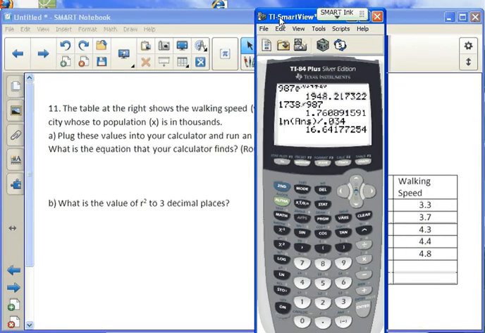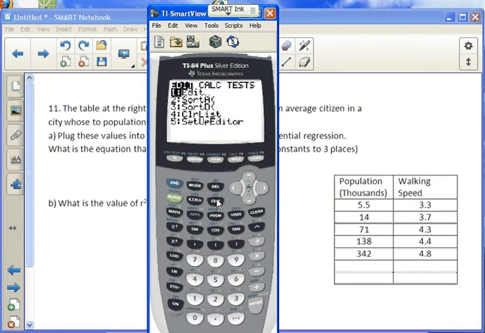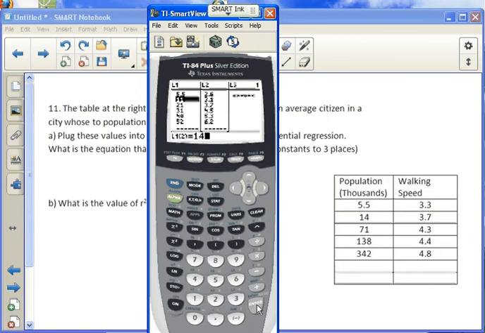Okay, to plug them in, we go to Stat, Edit, and we need to plug in 5.5, 14, 71, 138, and 342. I'll delete that value because I don't need it. And then I need 3.3, 3.7, 4.3, 4.4, 4.8.